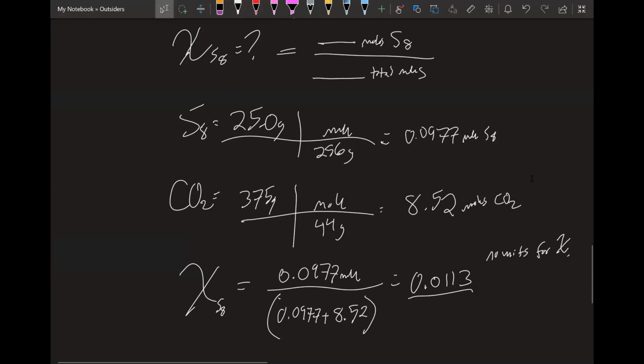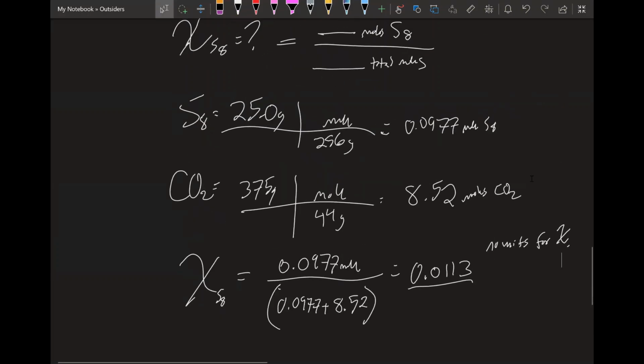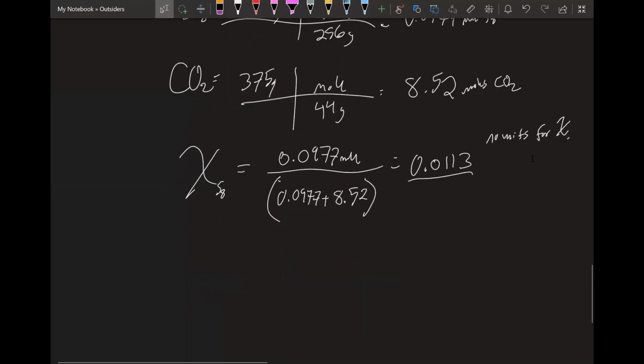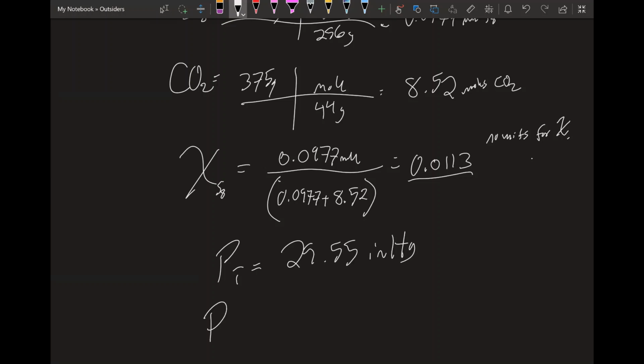All right, so that's how you get the mole fraction. It's that simple. Now, let's say, for example, the total pressure today, and I'm just going to pick the number off my watch, was 29.55 inches of mercury, and we wanted to figure out the partial pressure for the sulfur gas.